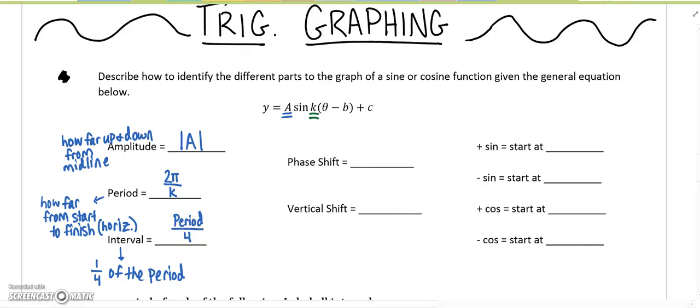Alright, moving on, the phase shift. The phase shift comes from that number right there. It is B, and remember it's always opposite, so it is left or right B, and in parentheses I'm going to write it's always opposite. And this tells you what x value to start at, so starting x value.